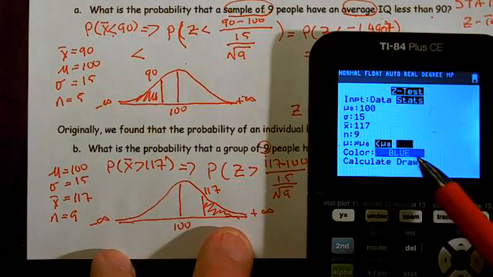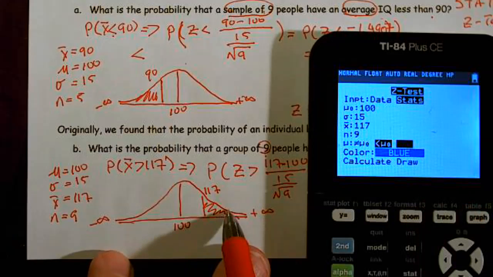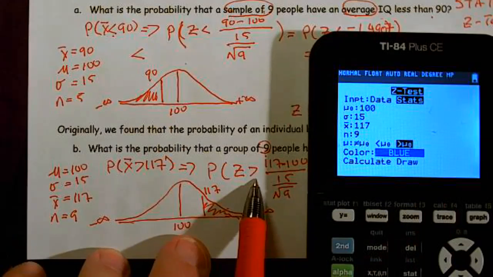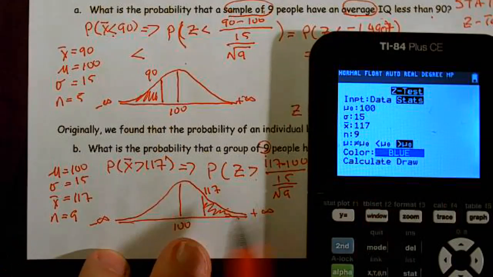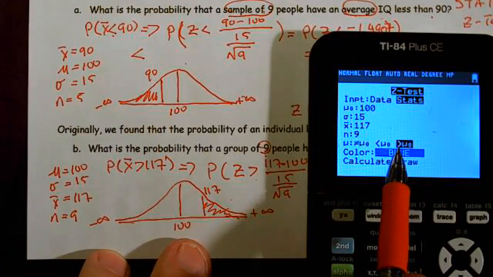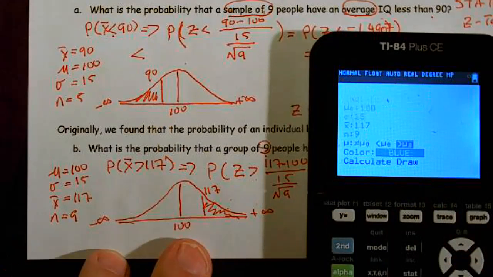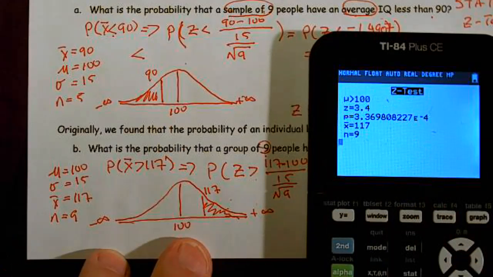Because we are shaded up, we make sure that we have the inequality of the greater than, because this was greater than, so we need this to be a greater than symbol. And we press calculate.